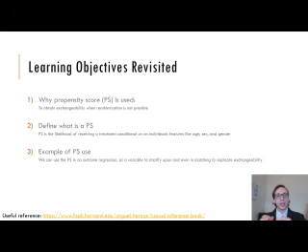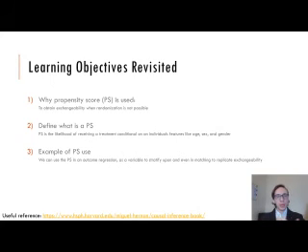So today we went through very briefly propensity score, and let's revisit the learning objectives. Let's see if we were able to answer them. The first thing was, why is propensity score used? It's used to obtain exchangeability when randomization is not possible.